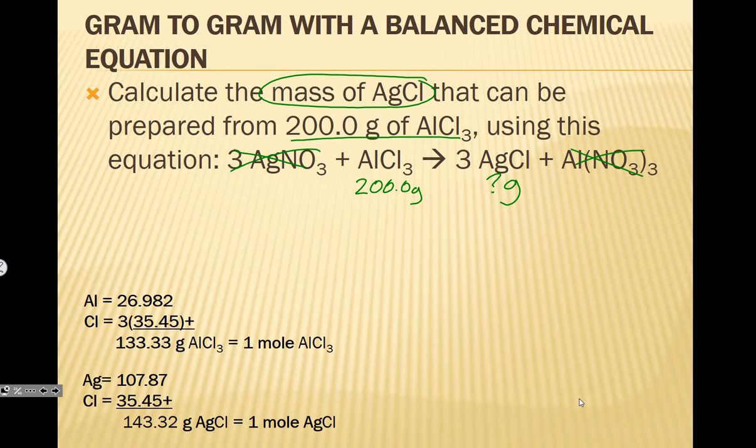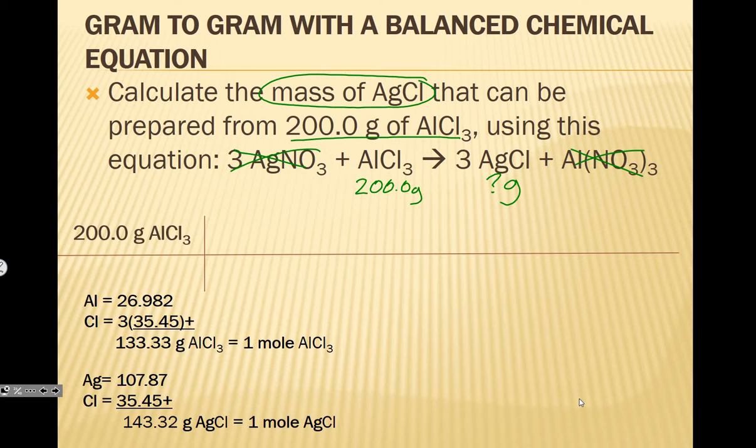Okay, who can give me the next step? What are we going to set up next? We're going to set up the factor label, right? So we're going to take our 200, which we know, and set up our factor label. Then if we use the little ditty, grams to moles. If I do grams to moles, what goes on the bottom?